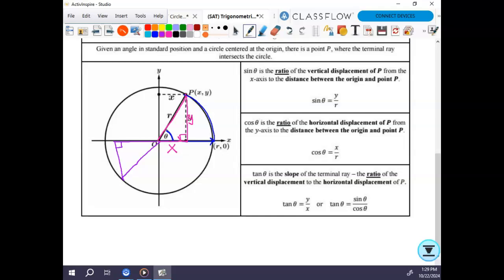So everything in the 3rd quadrant is negative, negative, right? So this point would be negative x, negative y. So when I plot this, I go to the left that many, and I go down that many. Still x and y there. This is still r. Now the length of the sides are x and y, because length has to be positive. This is displacement, okay? Vertical and horizontal displacement.